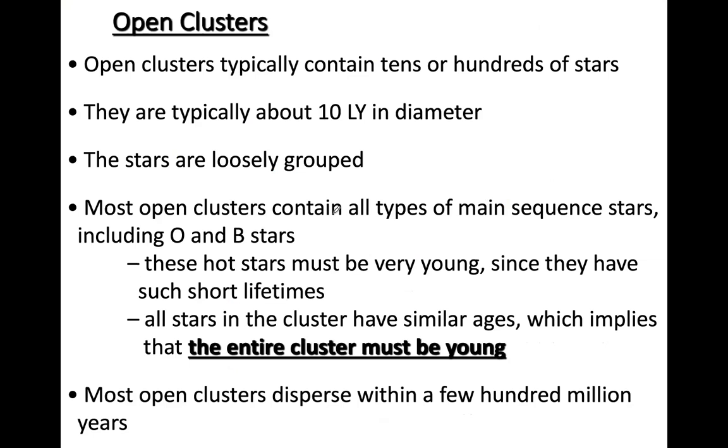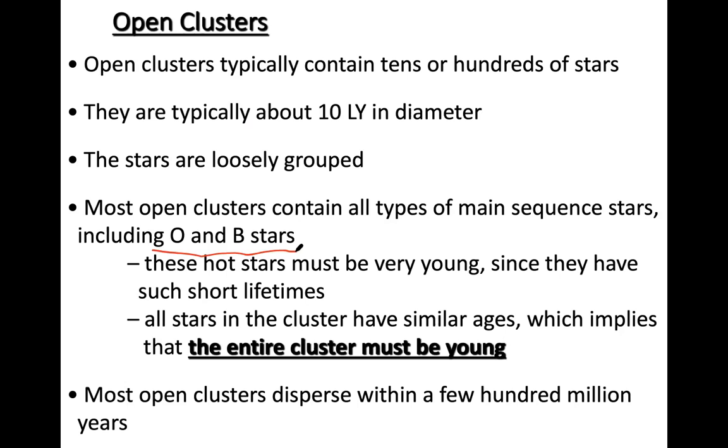most open clusters contain all types of main sequence stars, including O and B stars, because when a star cluster gets older and older with time, you cannot see these O and B type stars. This is one of the main differences between open clusters and globular clusters.